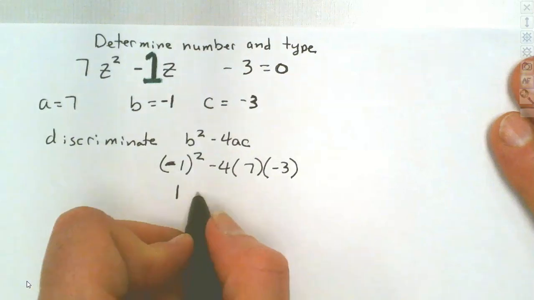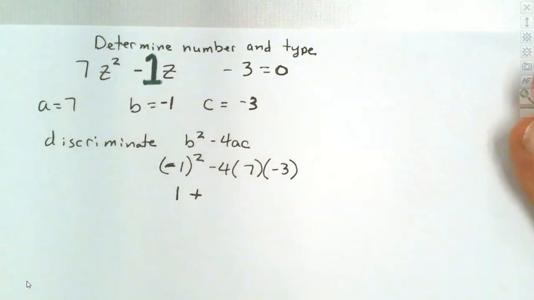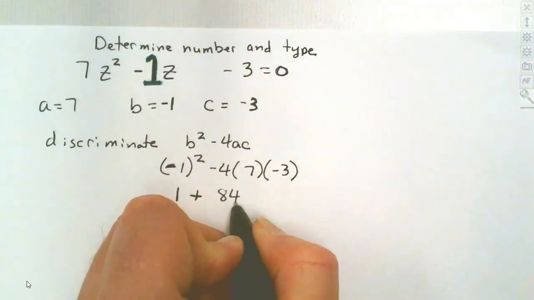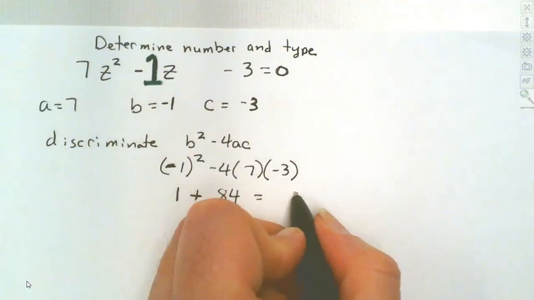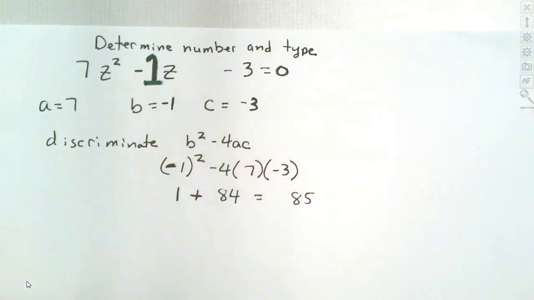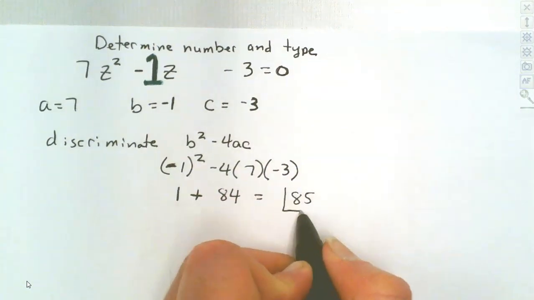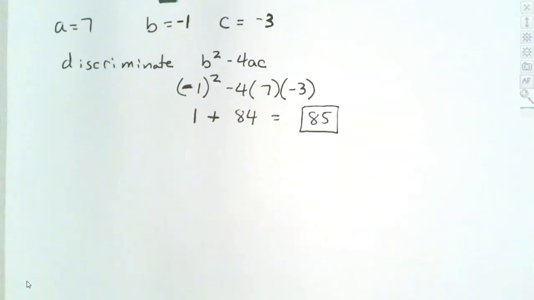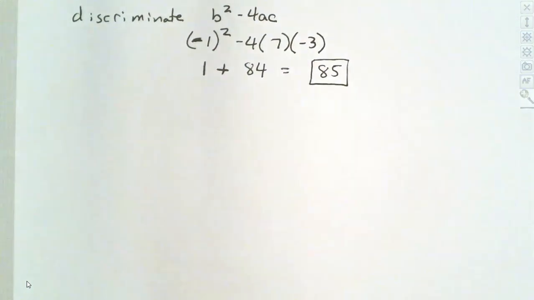Double negative makes that a positive. And multiplying across, we've got 4 times 7, it's 28 times 3 makes it an 84. And we add them together and we get an 85. Okay, so it's a little bit different this time. So we got a positive 85.